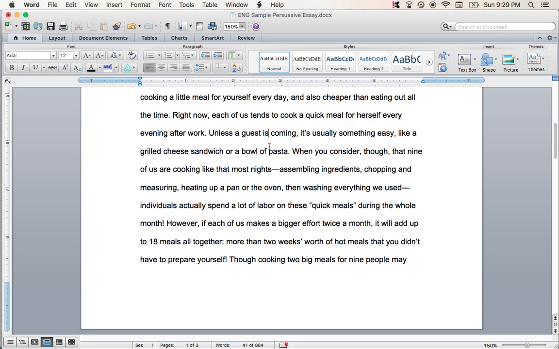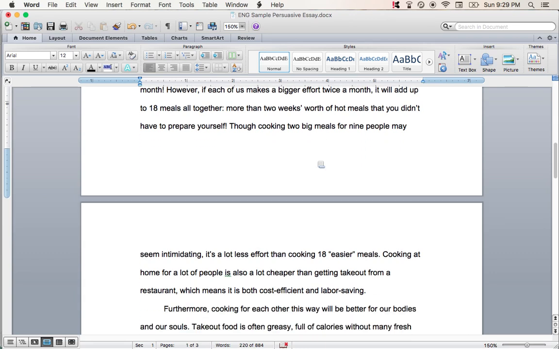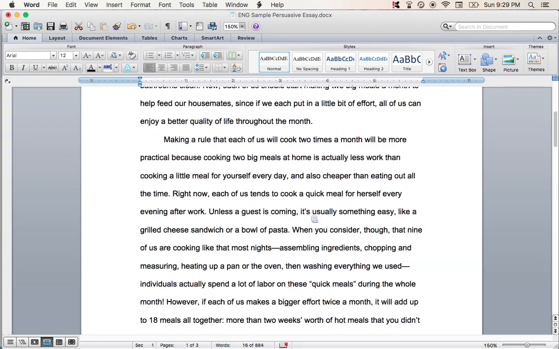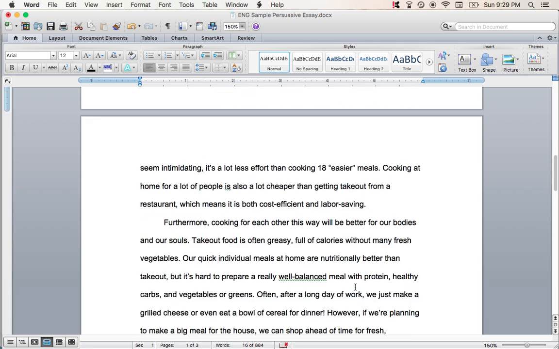Okay, so we get the little bits of evidence, the examples, the steps of preparation, and so on. And then here again we get the topic sentence, main idea of the paragraph. Cooking for each other this way will be better for our bodies and our souls. Again, that is better quality of life. Okay?